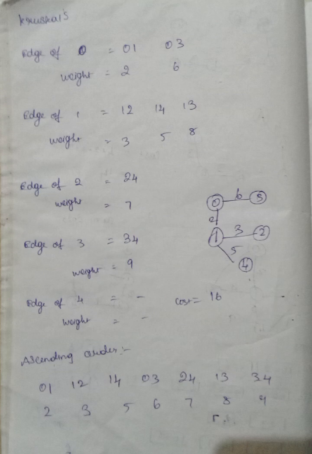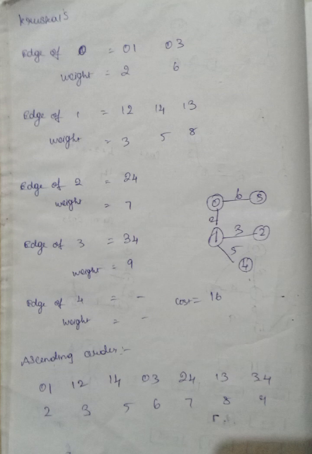Now it's time to calculate the ascending order of the given edges and rewrite them. In the Kruskal algorithm, we have to find the minimum weight of the edges.